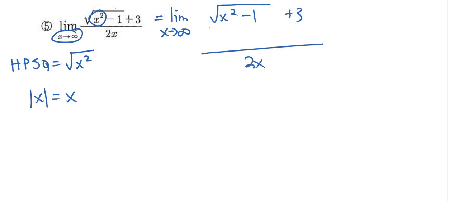And I will go ahead and divide every single term by root x squared, divide that by root x squared, and divide that by root x squared. All right, and then we need to simplify.